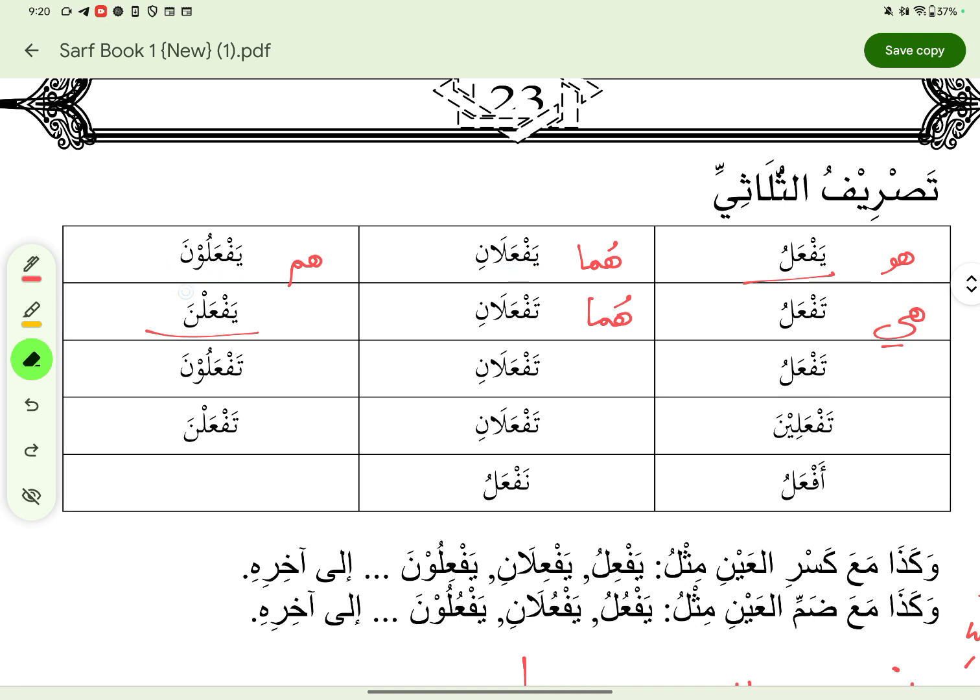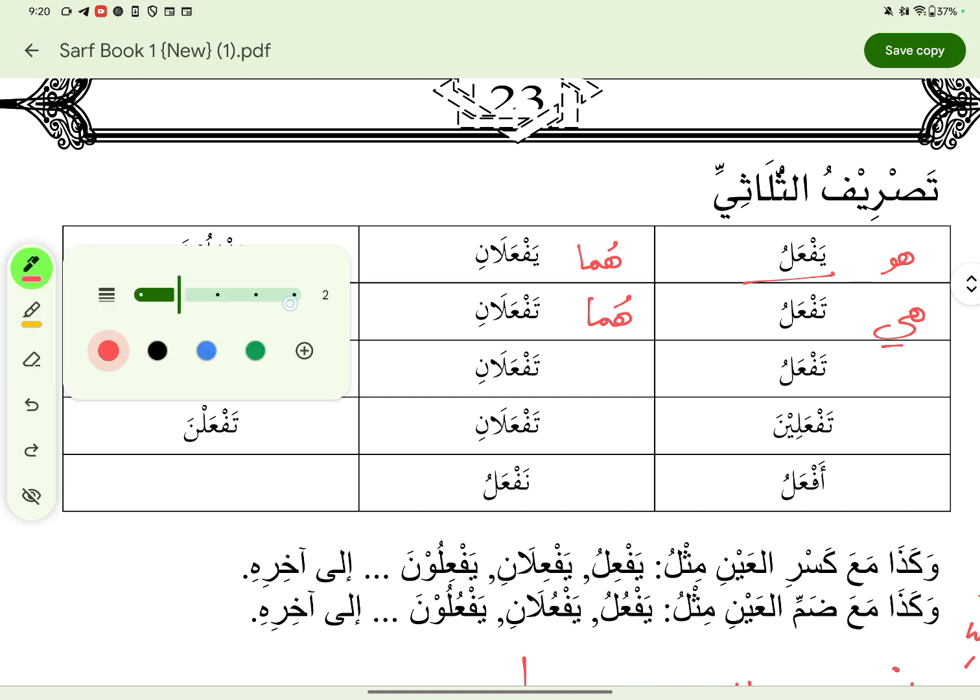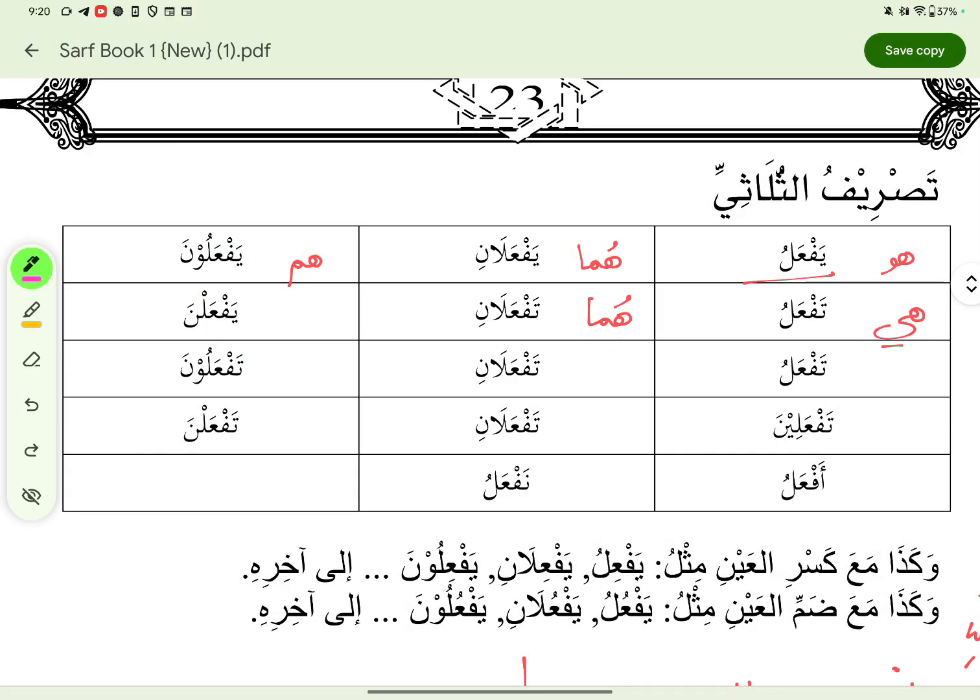I'll write it in a different color to identify this one as female. I'll use pink. Alright, and huma taf'alani. This means two girls are doing.